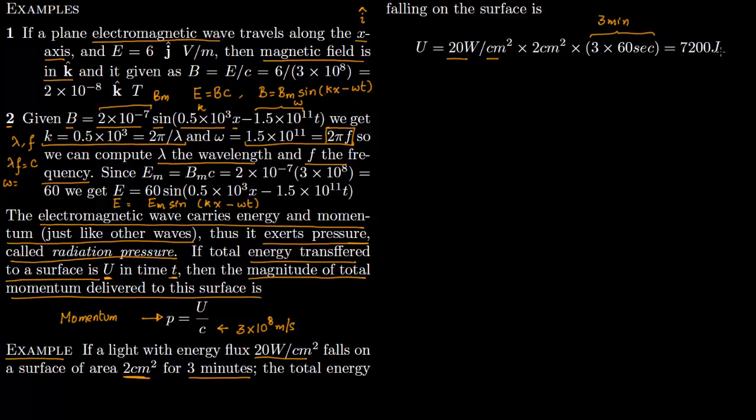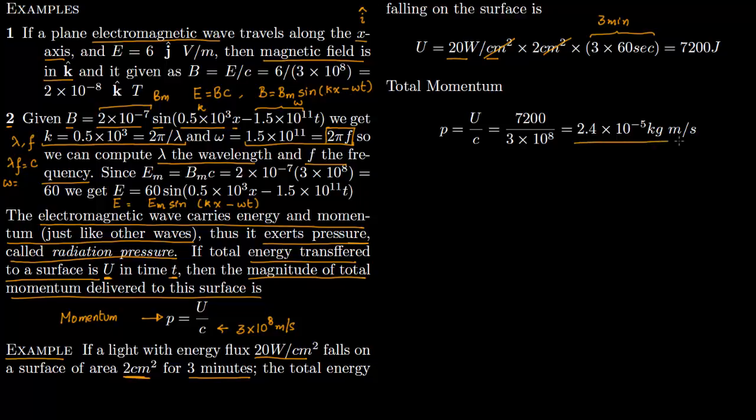The centimeter square cancels out, so you get 7,200 joules, that is, watt times second. So the total momentum is 7,200 divided by c, 3 into 10 to the power of 8, and you get 2.4 into 10 to the power of minus 5 kg meters per second.